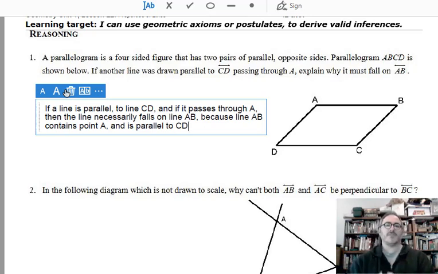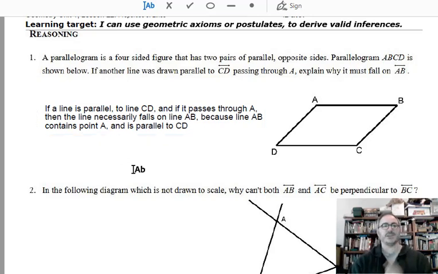I'm trying to give you an idea of the kind of exemplar explanation the Regents might be asking you for. If they ask you to explain, this is the kind of explanation the Regents is looking for. They want you to use very precise language where things are connected. You're going to use a lot of if, then, and, or, right? So if a line is parallel to CD, and if it passes through A, then the line necessarily falls on AB because, explanations need a because, line AB contains point A and is parallel to CD.